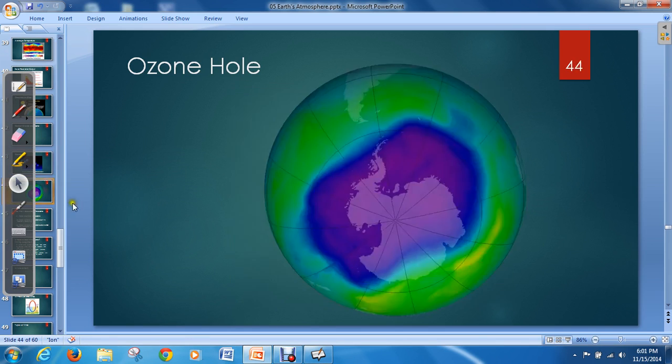We started getting some preliminary images of this ozone hole, and we could see that there's high concentration and low concentration. Again, people started questioning, how much are humans contributing to this? What are the effects? Is this natural? Is this mostly human caused? You have probably heard of global warming before.